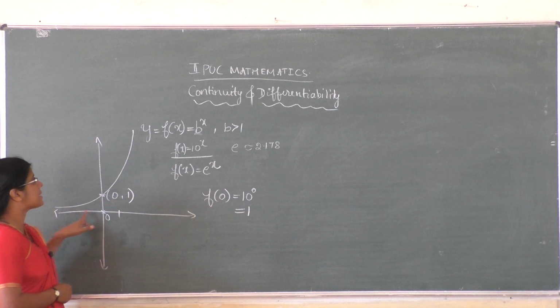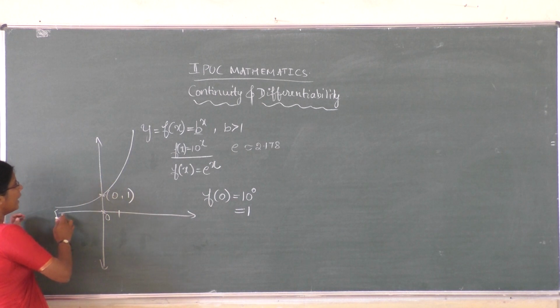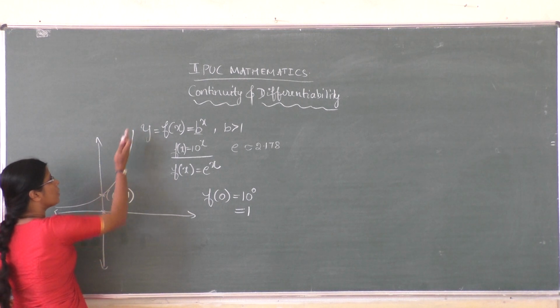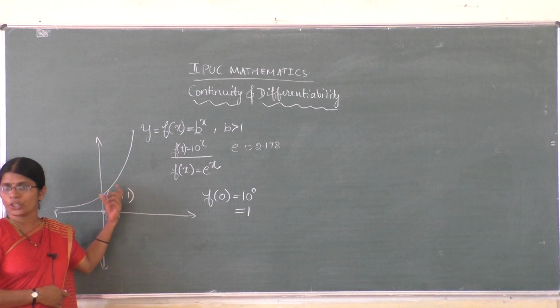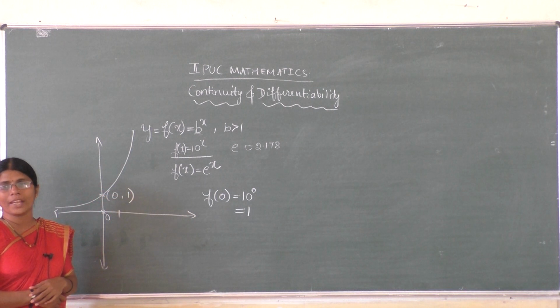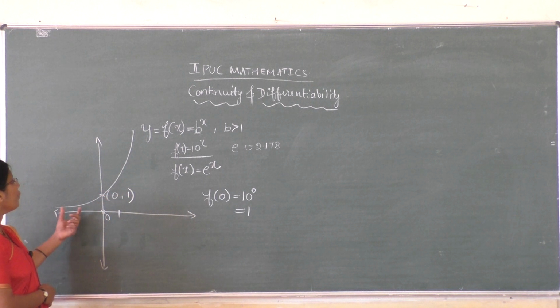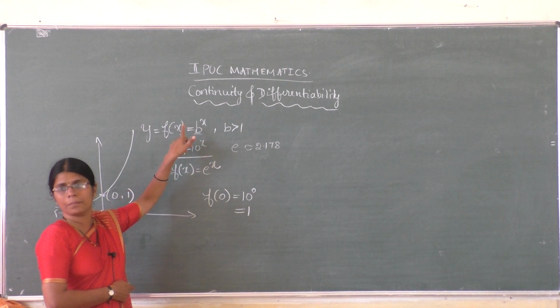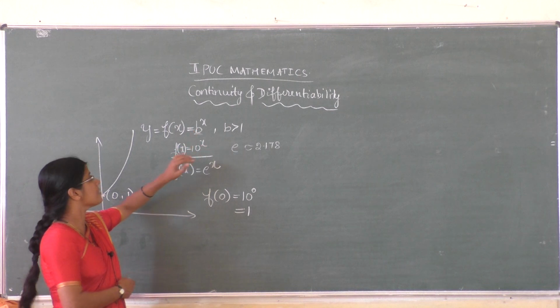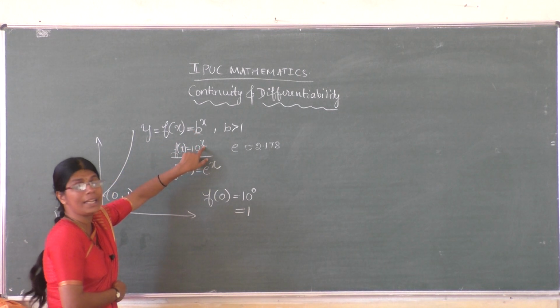This function is increasing, that means here the curve goes upwards, correct? So this particular function is always increasing. If x takes negative values, it becomes smaller and smaller.